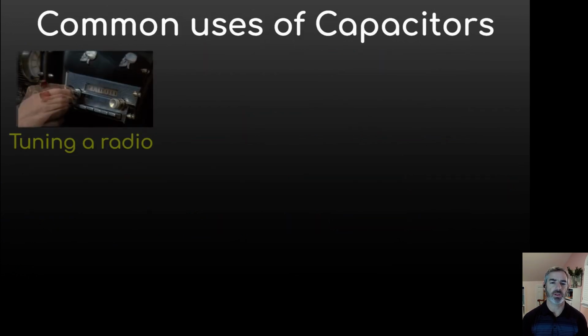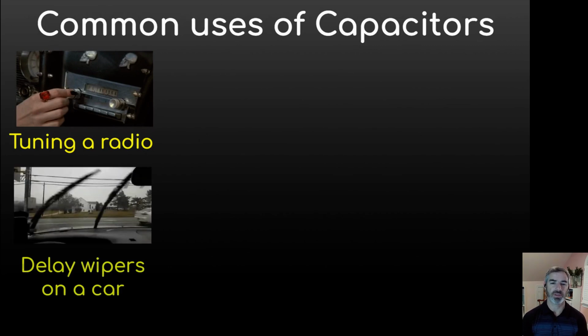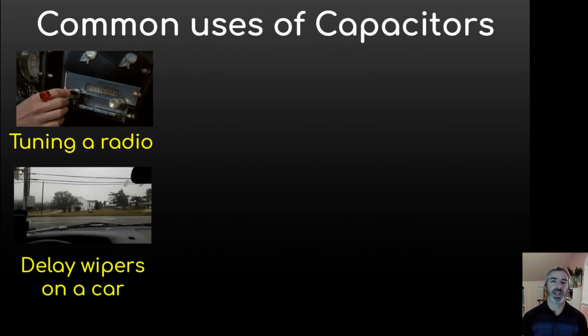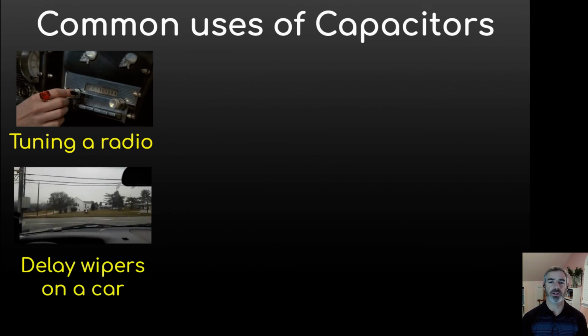Tuning a radio. When you tune a radio, it changes the capacitance, which then allows it to pick up different frequencies. Another use, you probably use this, is delay windshield wipers. The delay windshield wipers charge the capacitor, and then the capacitor discharges, and then the windshield wipers go ahead and clean the windshield.